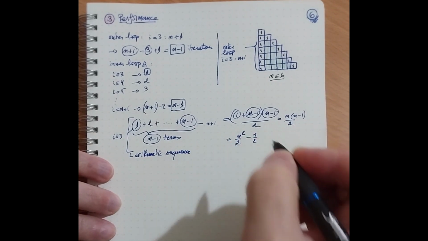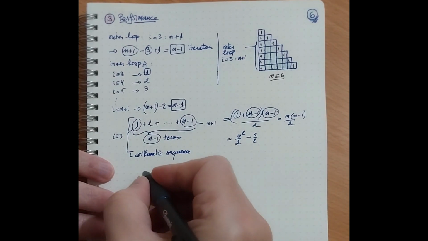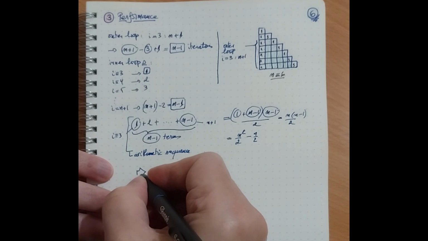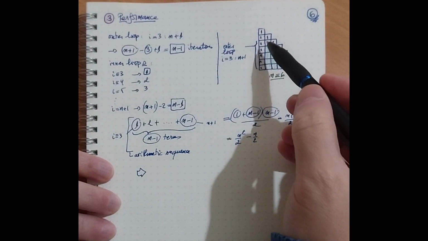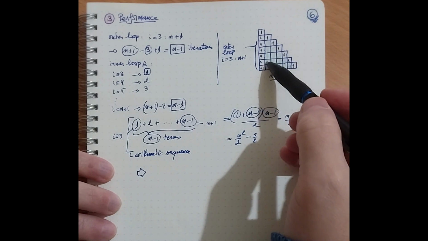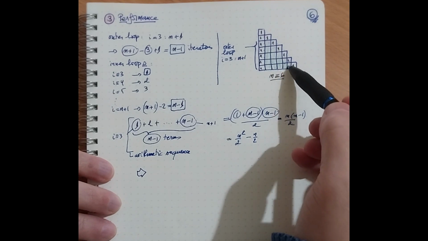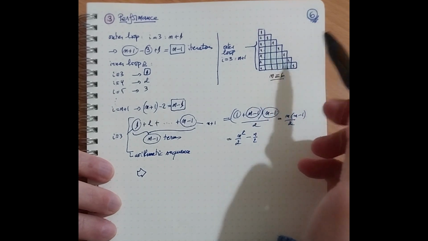minus n over 2. And we conclude that the time complexity: we have counted how many times we perform the addition. The main operation is to add two integers from the previous row.